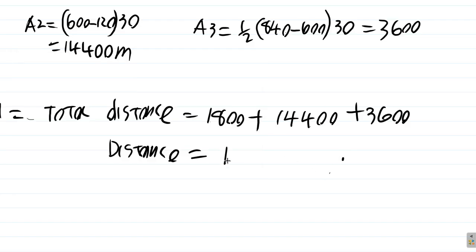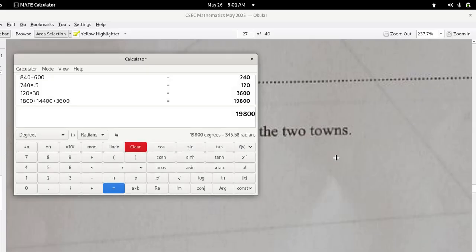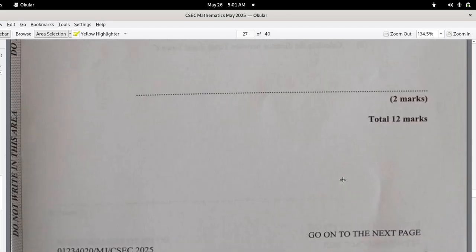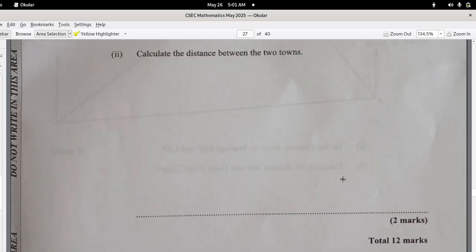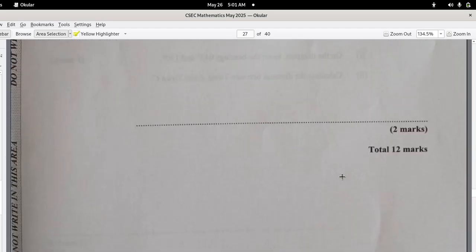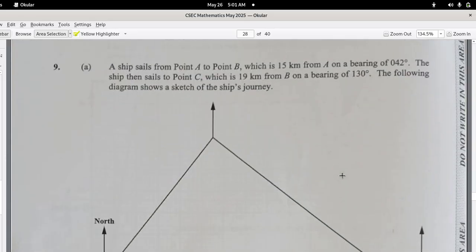So it's 19,800 meters, which would be 19.8 kilometers. Alright, so that is that. And that is it for question 8. We look at question 9 next time.